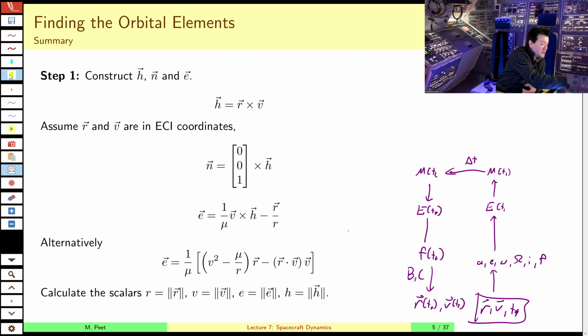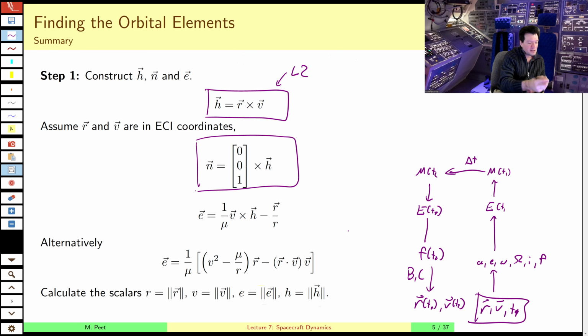So what do we do with them? Well, first we calculate our angular momentum vector, our first invariant element. Remember that from lecture 1, lecture 2. Then we find our line of nodes by crossing the z hat axis with the angular momentum vector. Technically, that's a little bit out of order because that was in lecture 6. Then we find the eccentricity vector.